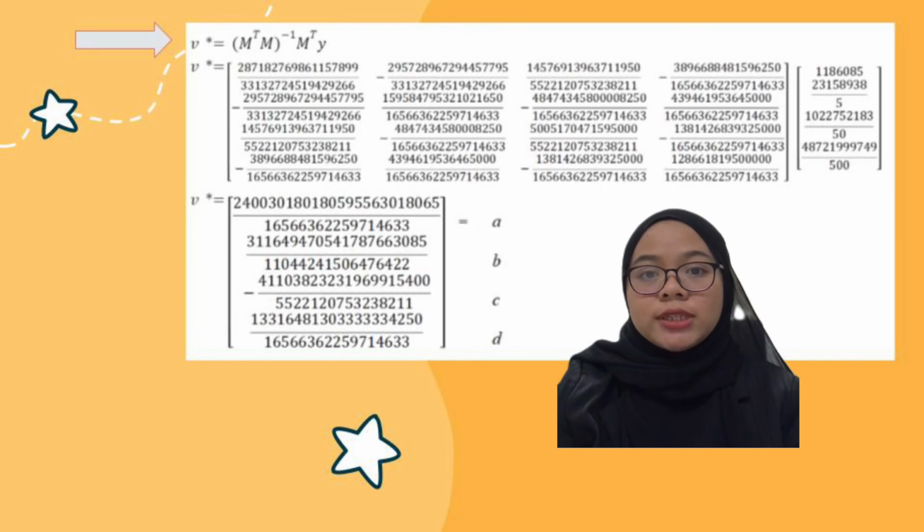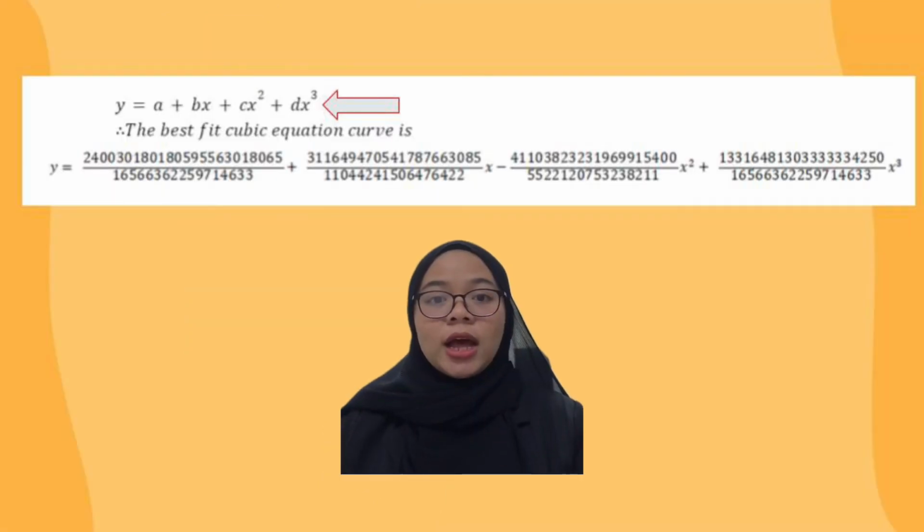Next, we will use this formula to find the v, which are a, b, c, and d. The formula is inverse of m transpose times m transpose times y. After we get our v, which are a, b, c, and d, we substitute the values into the least squares fit equation of a cubic, which is y equal to a plus bx plus cx squared plus dx cubed. So this is the best fit cubic equation curve.